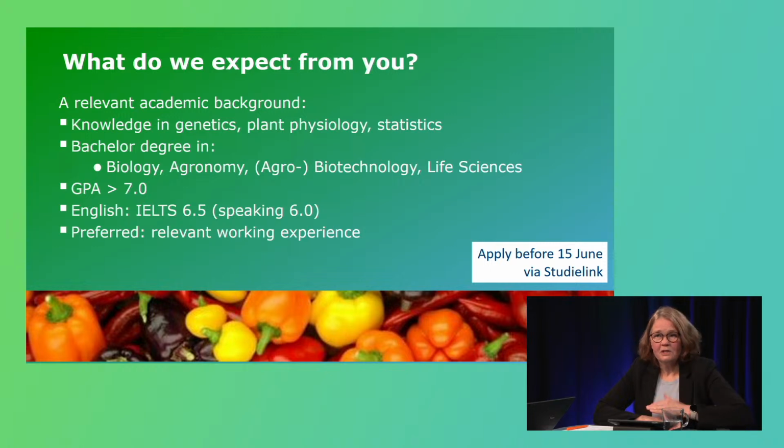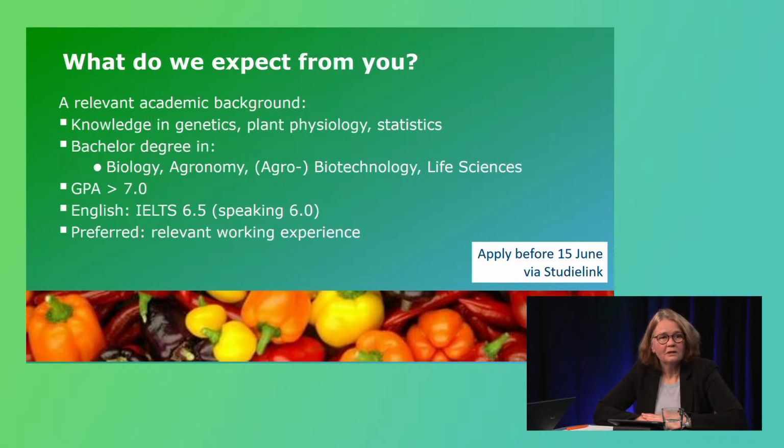Because it's really master level, we also require a grade point average minimum of 7 on the Dutch scale. On our website you can find all details on how this 7 average translates into grading scales of a wide series of different countries.